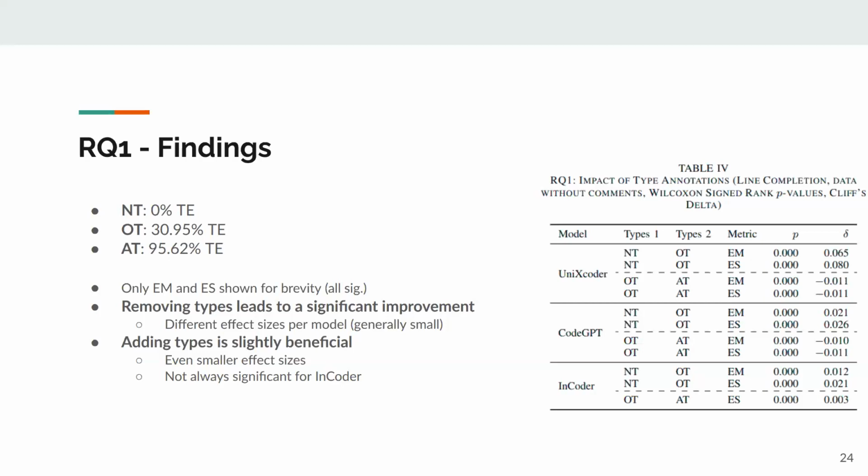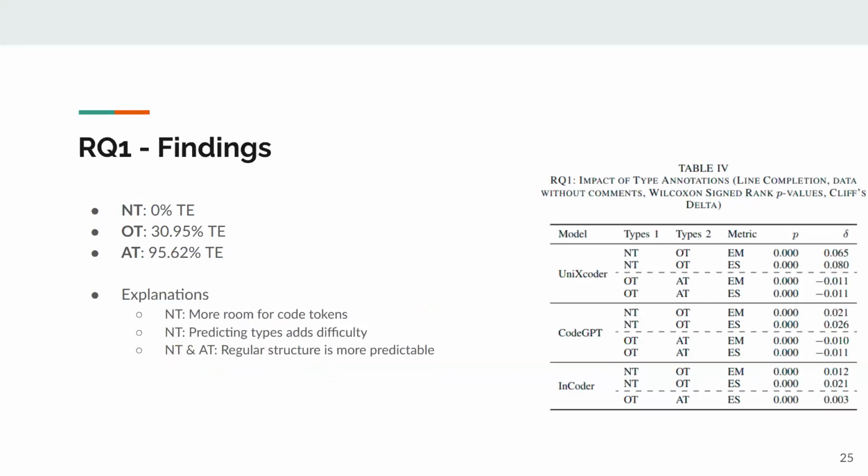So how can this be? Why is it the case that having 31% type explicitness is worse than 0% type explicitness or 95%? Well, if we think about it, the version with no type annotations and all type annotations is simply way more regularly structured than the original type version, where we only have type annotations in 31% of the cases.